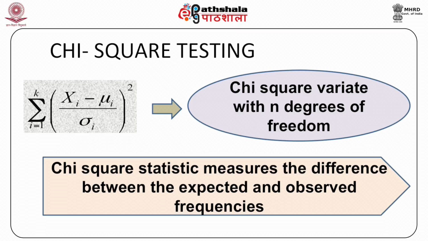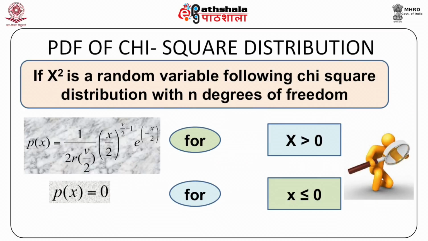Its value is 0. Moving on to the PDF of chi-square distribution, if chi-square is a random variable following chi-square distribution with n degrees of freedom, then its probability density function is given by the following.